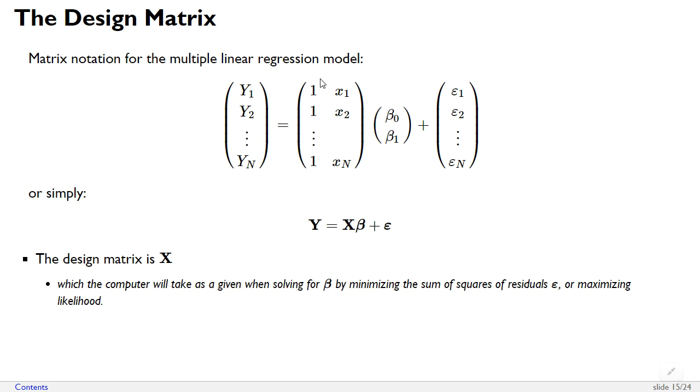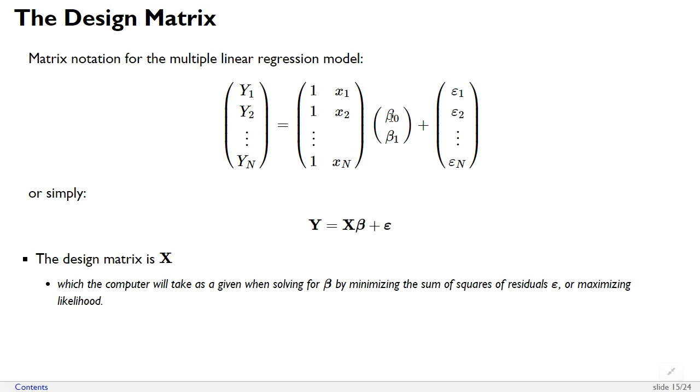And in this linear algebra formulation of the linear regression, you multiply your data by a vector of coefficients and add a vector of residuals to get your y values. I don't know if you remember how matrix multiplication goes, but each row here is an observation.